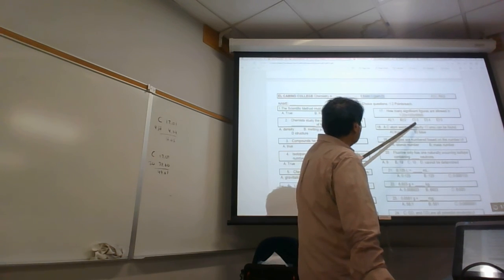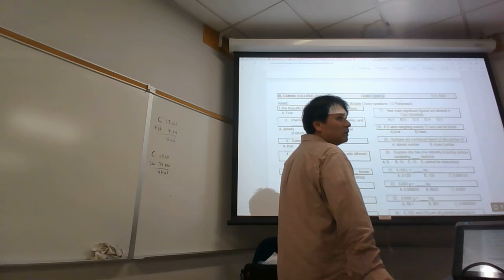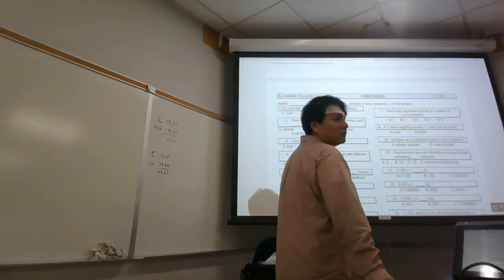17. How many sig figs are allowed in that calculation? 3. 18. A carbon atom weighing exactly 12 AMU can be found in nature. Well, this is carbon 14. No, that's true.